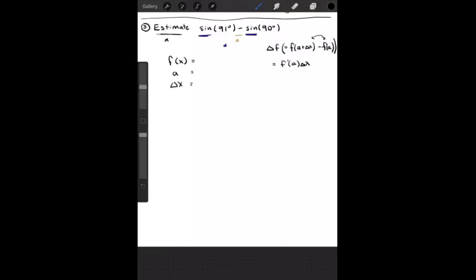So in order to be able to fill this in, we need to know what the function is so we can take its derivative. We need to know what a is so that we can plug it into the derivative. And we need to know what delta x is so we can multiply the derivative at a by it. So what do we think the function is in this problem?